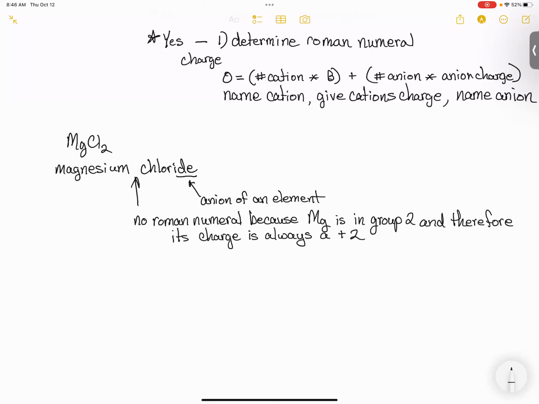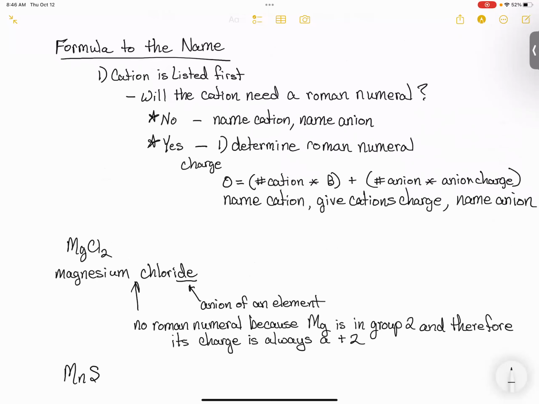Let's look at another example. Let's look at MnS. Looking back up here, cations listed first. Does the cation need a Roman numeral?